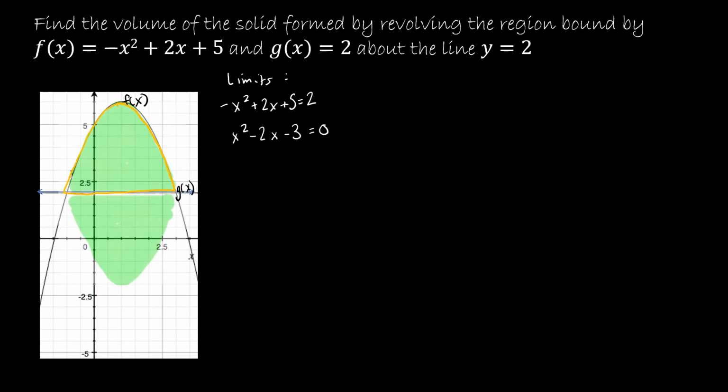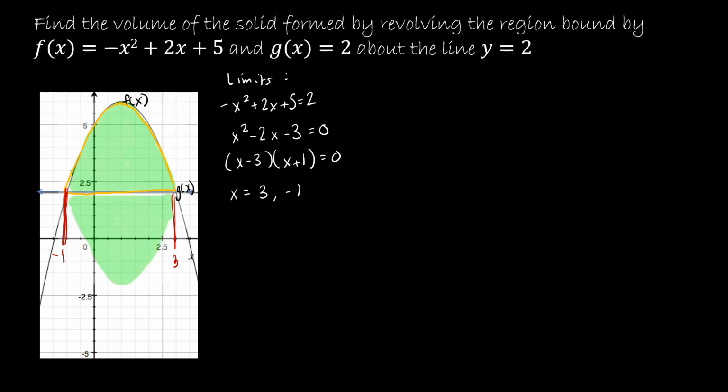Now I'm going to factor: numbers that multiply to negative 3 that add to negative 2, which is of course negative 3 and positive 1, which means x is going to be positive 3 and negative 1. Those are my limits of integration. And again, I can verify by looking that this does occur at negative 1 and this does occur at 3.